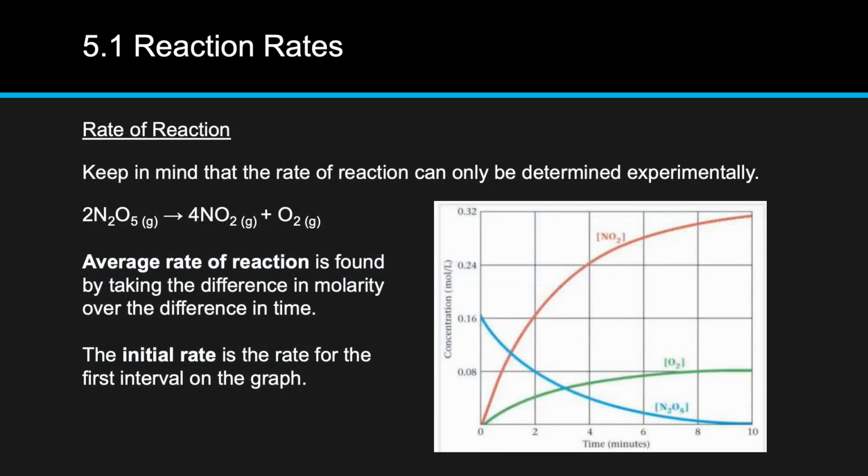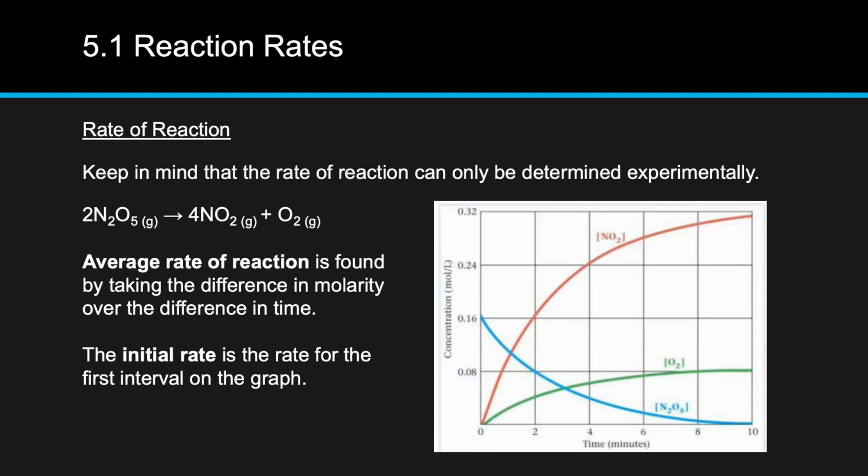All right, so keep in mind that the rate of reaction can only be determined experimentally. So if you have this reaction shown, 2N2O5 decomposing into 4NO2 and O2 gas, you can see that in this graph, as the reaction is proceeding, the concentration of N2O5 is going to decrease because it is your reactant, and your NO2 and O2 are going to increase because these are your products.